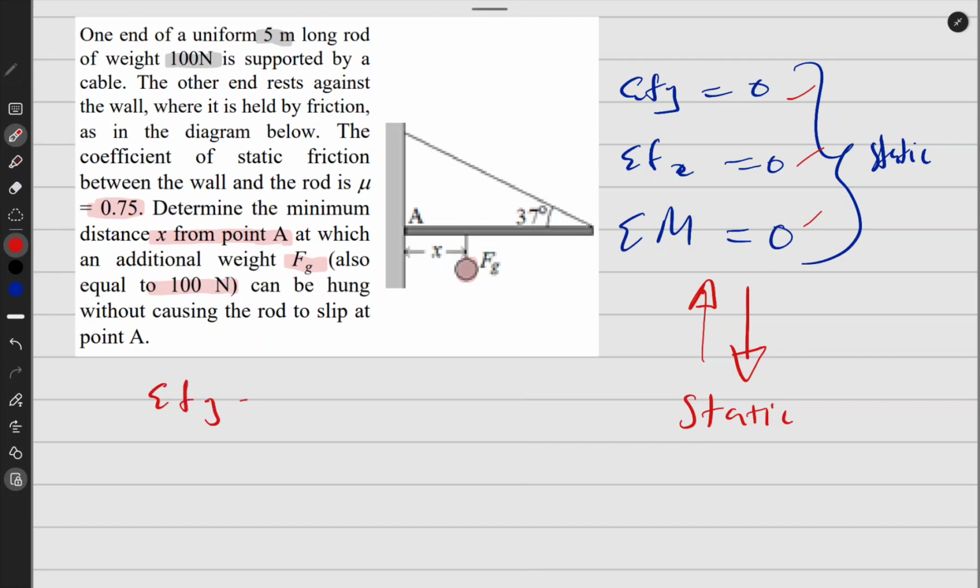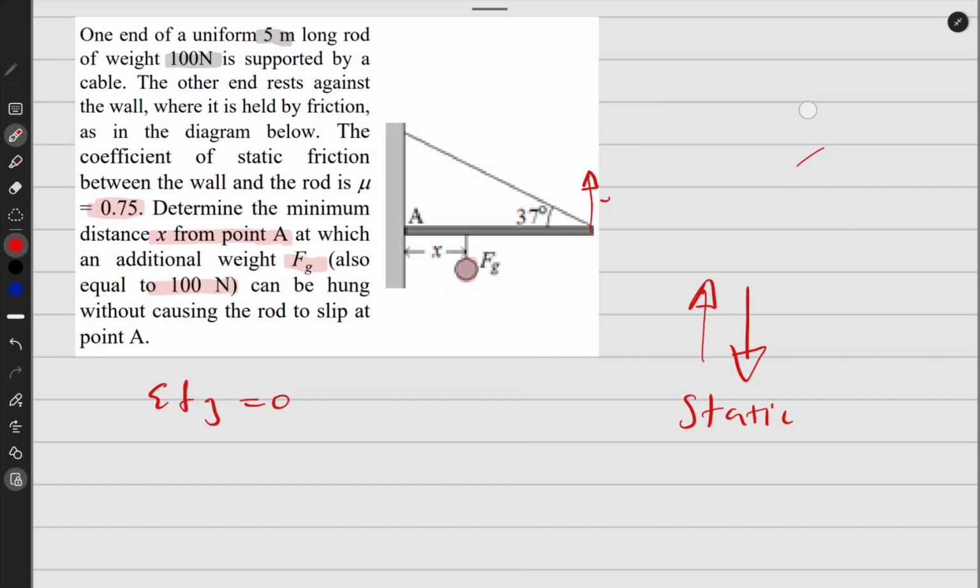Let's look at forces along y, which should equal 0. I have a force here, I'll call it Ty, and a force going this way, I'll call Tx. And here this thing should pull it down, so we have friction going this way, which I'll call static friction force.